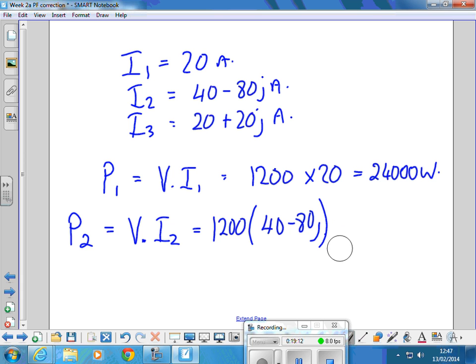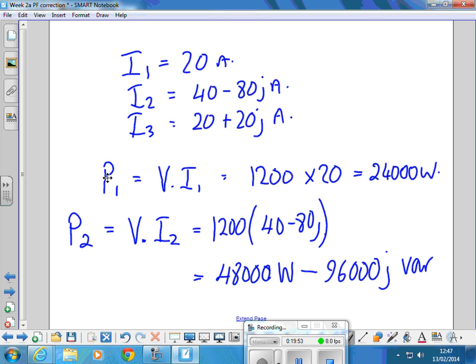We're going to have to put that on the next line, so we'd have to write that like this: 48,000 watts minus 1200 times 80J, which is 96,000 J.